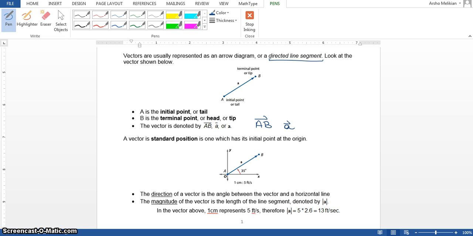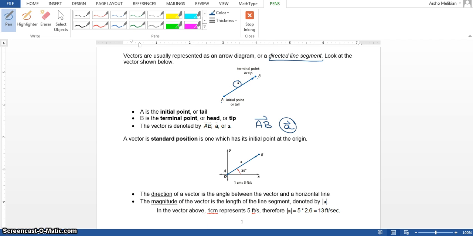It's just a single-sided arrow. In print, it's a bold A. When we're writing a vector by hand, we can't make it bold. This is the notation we're using, AB with the line. Either or. Most of the time, you're not given A and B. You're just given the name of the vector as lowercase a.